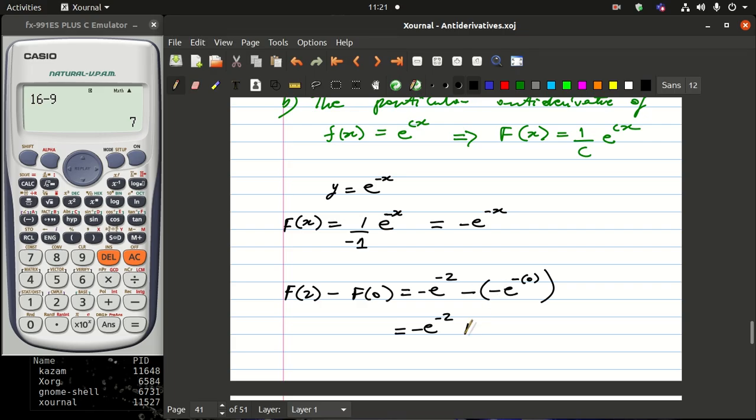Minus and a minus is a positive, and then you have an e raised to a 0 there, because minus 1 times 0 is still a 0. So you end up having e with a minus 2, and then plus a 1, or simply put, it is 1 minus e raised to a minus 2.